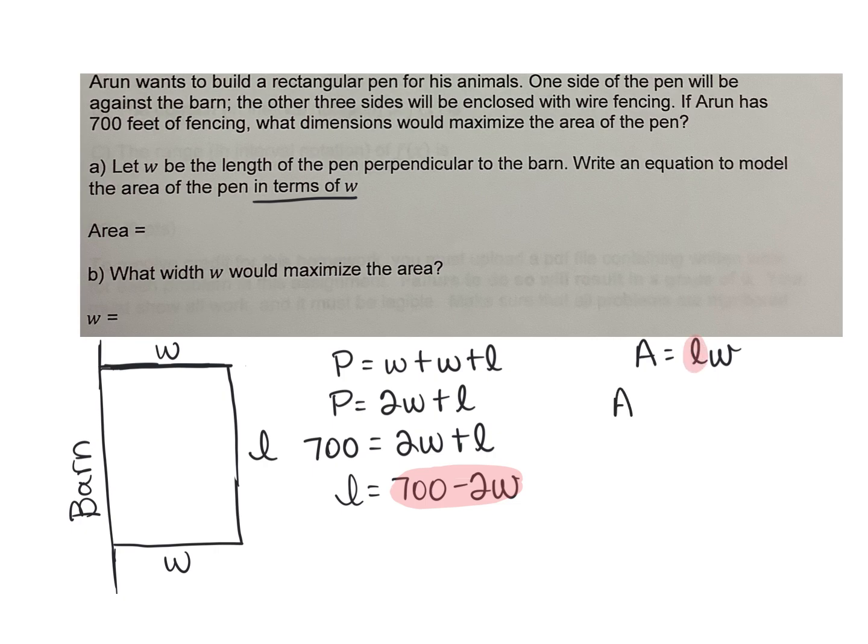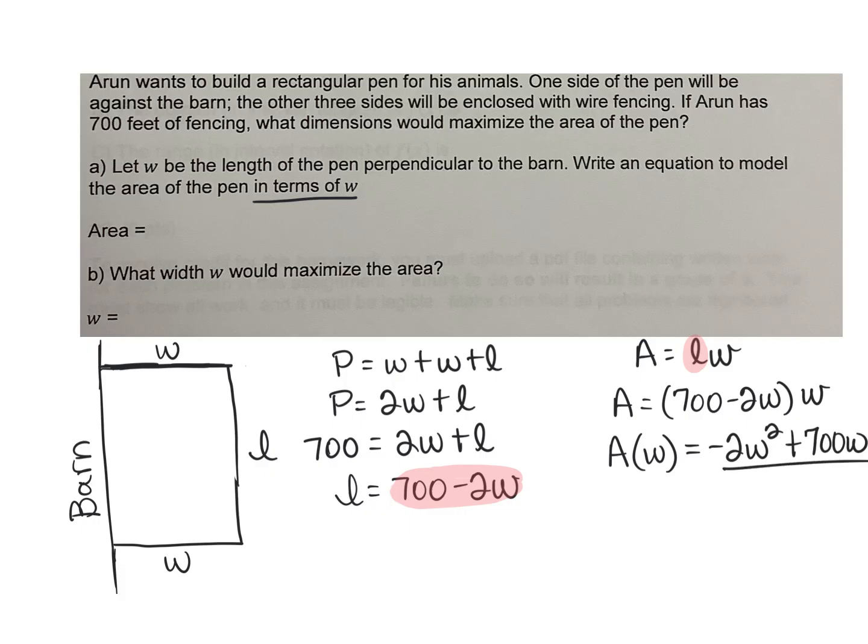So my area is then going to be 700 minus 2W, multiplied by W, so that the area in terms of W is equal to negative 2W squared plus 700W. This equation is what goes right here. This wants an equation. This is not a number answer. It wants you to write it so that it's in terms of W.